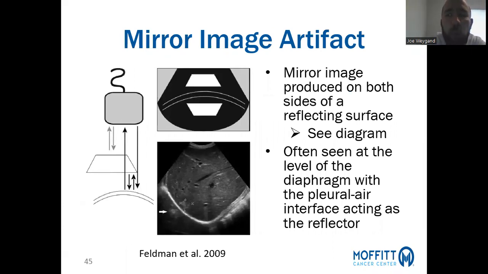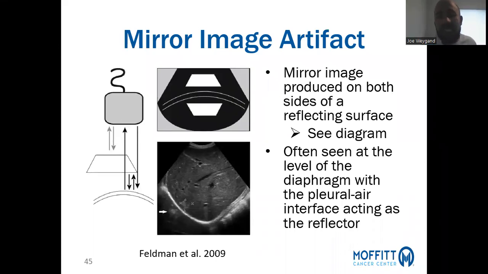Again arising from the multiple echo assumption is the mirror image artifact. Here you have a mirror image of an object produced on both sides of a reflecting surface. This is often seen at the level of the diaphragm with the pleural air interface acting as the strong reflector. It can be illustrated in the schematic on the left, where say you're trying to image this flat plane, that structure.